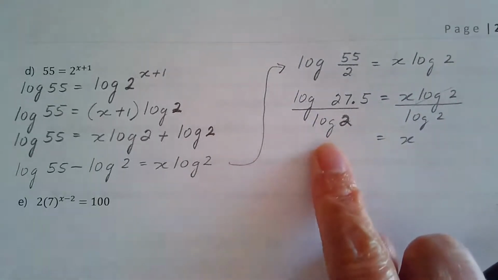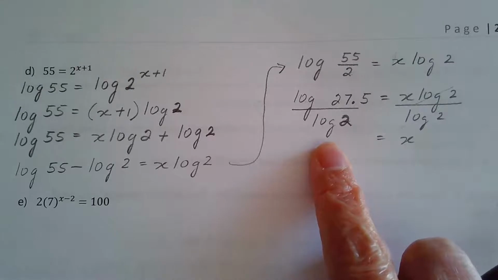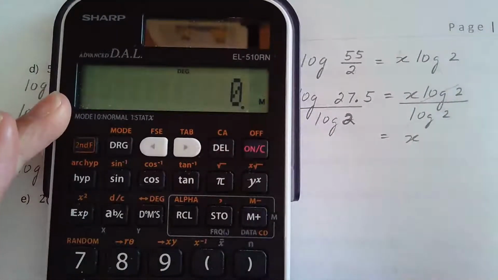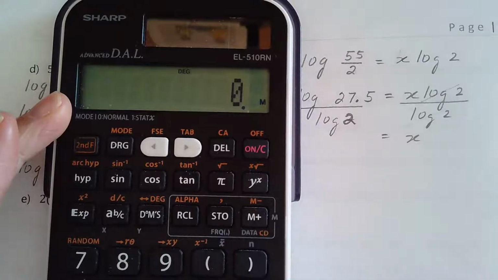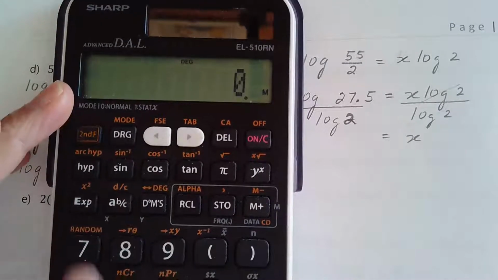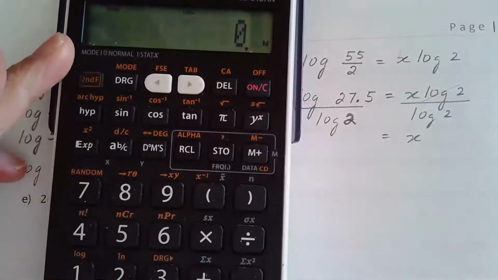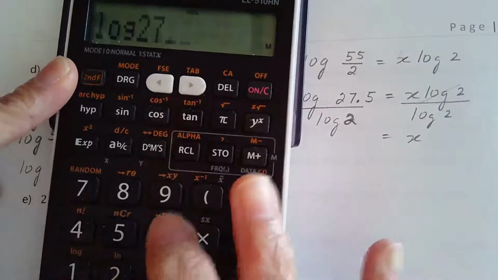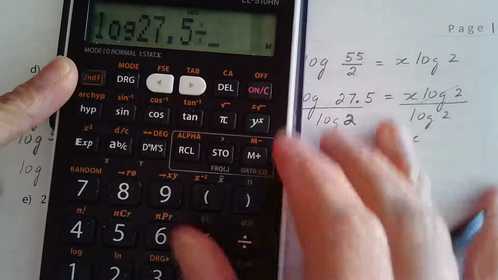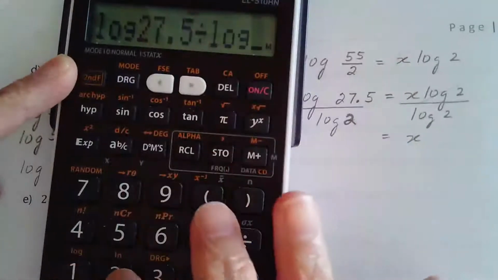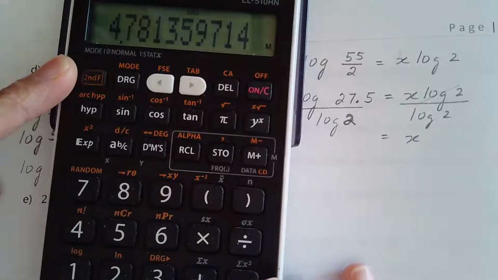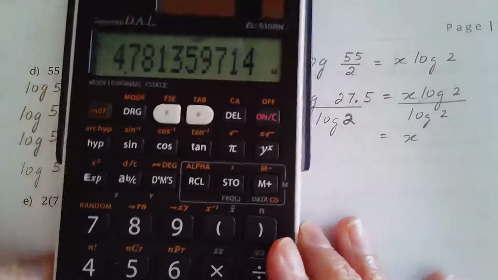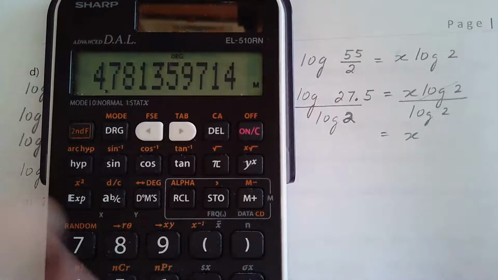Okay, we have to take our calculator and calculate that one. Locate where your logarithm is. So log of 27.5 divided by log of 2, and we're going to get a long string of decimals.